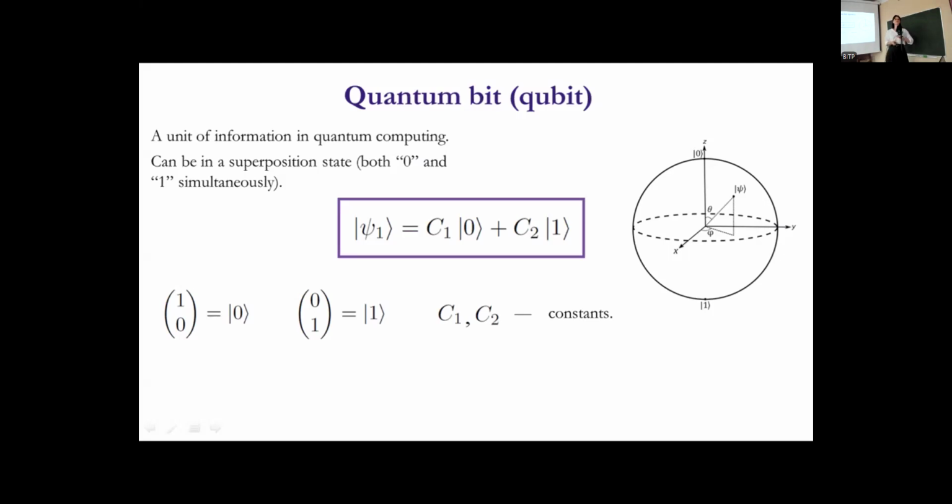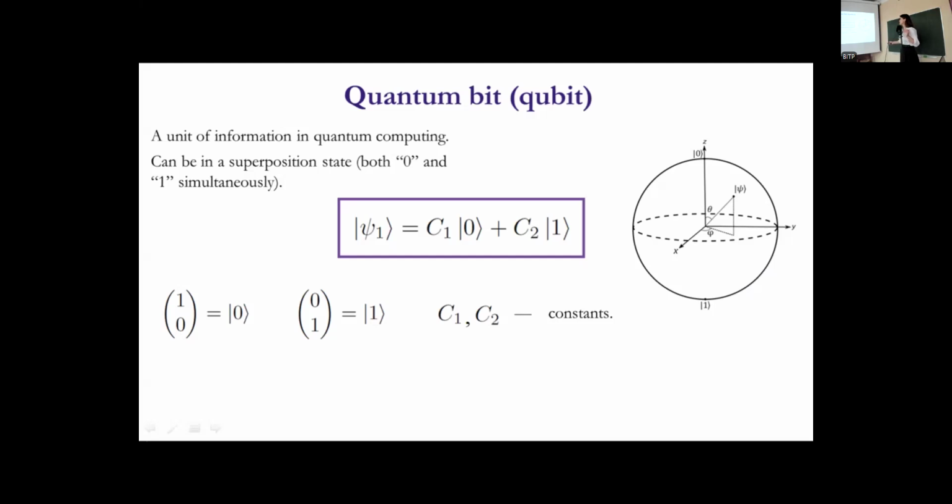A very interesting property of a quantum bit is that in the case of a quantum system, we can achieve a superposition of the states 0 and 1, and this superposition can be prepared in different proportions. In this slide, you can see these constants, C1 and C2.